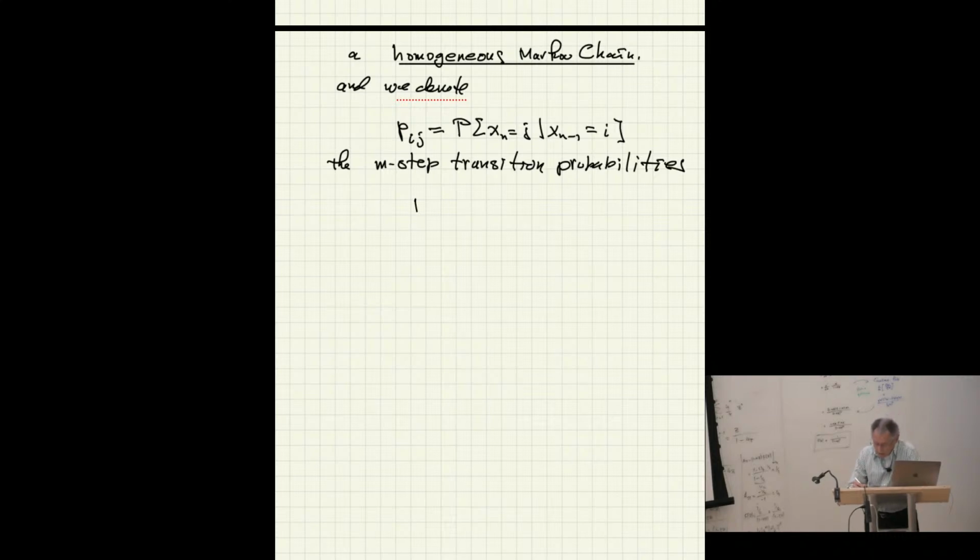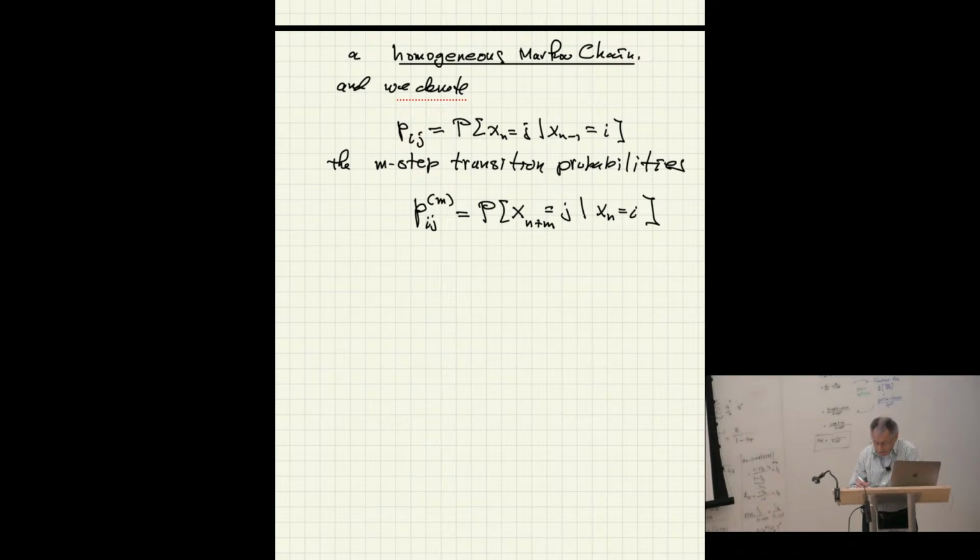They're defined as p sub ij with a super m, and that's the probability that X_{n+m} is equal to some state j, given that at time n it was at i. So just wondering, in m steps, if you started at i, will you end up in j? You could bounce all over the place.